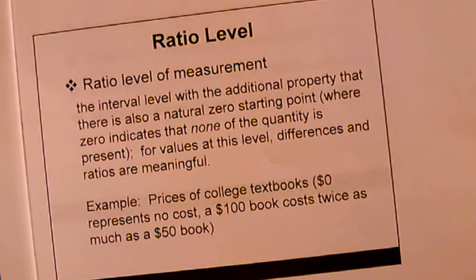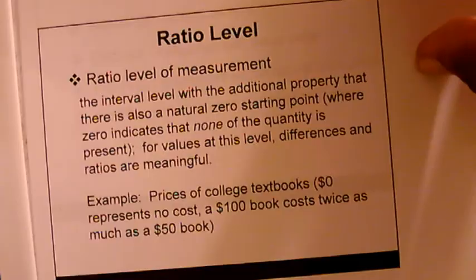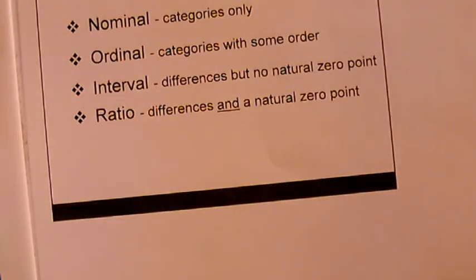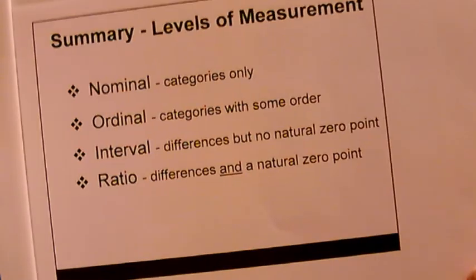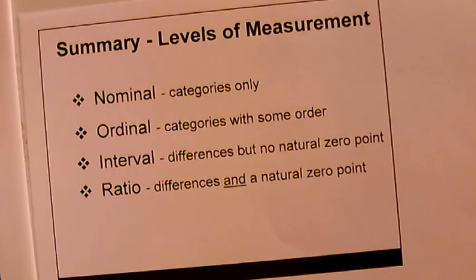So do be familiar with those 4 levels of measurement, and here's the summary of all this. Nominal only deals with categories only. Ordinal will be categories with some particular order, like freshman, sophomore, junior, senior. There's order there, but that's as much as we can get with that.